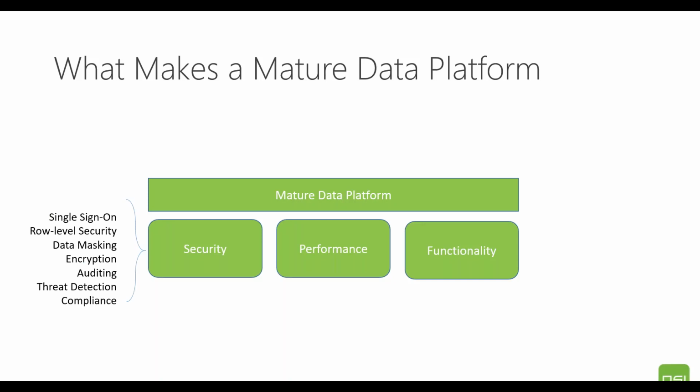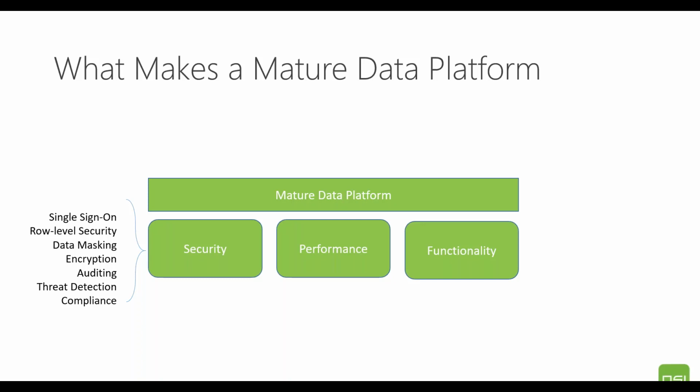The third piece is functionality. Now, I've been going back and forth on naming this pillar. This is my current favorite. And functionality is really, this data platform must serve a business need. We are not going to store data for the sake of storing data. We may be storing data for compliance reasons. So if we're in healthcare and we have to store patient records for X number of years, then that's functionality.